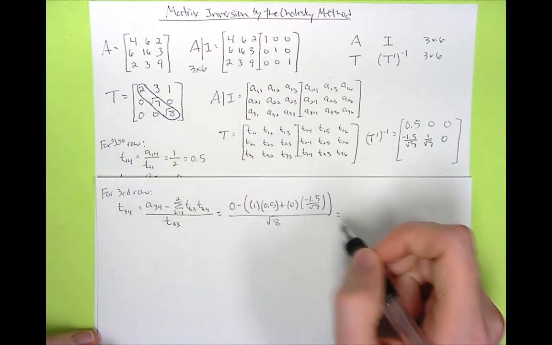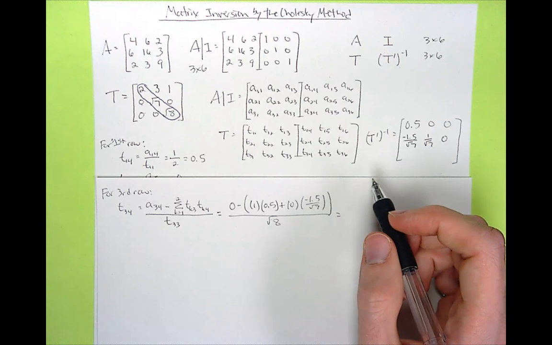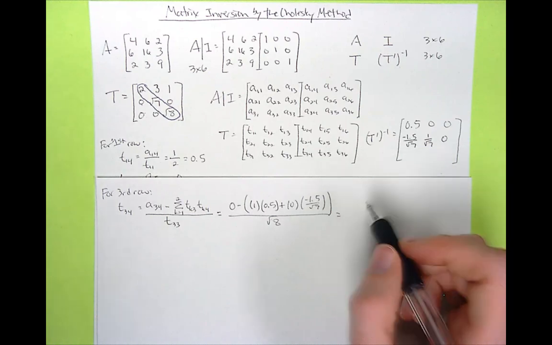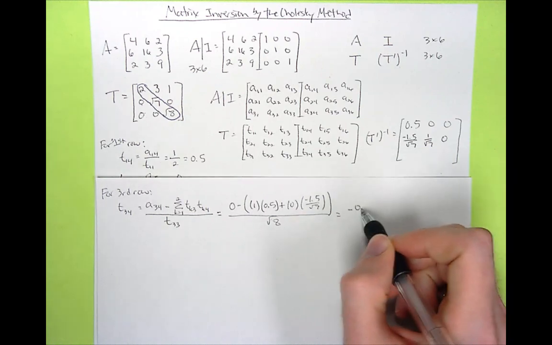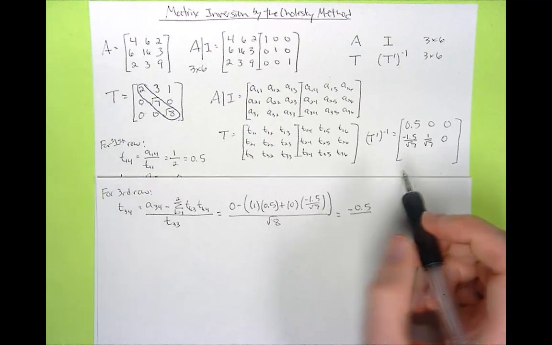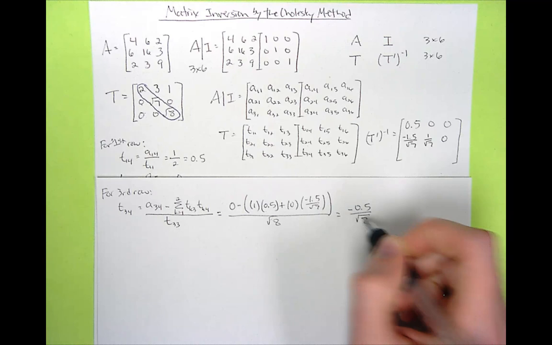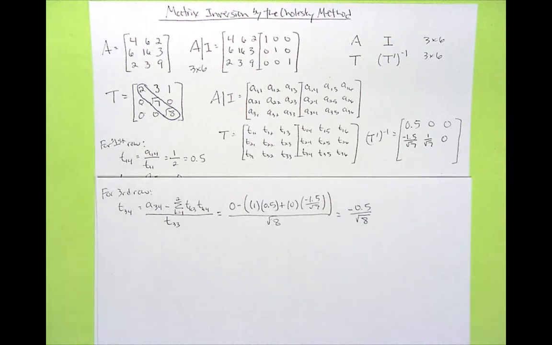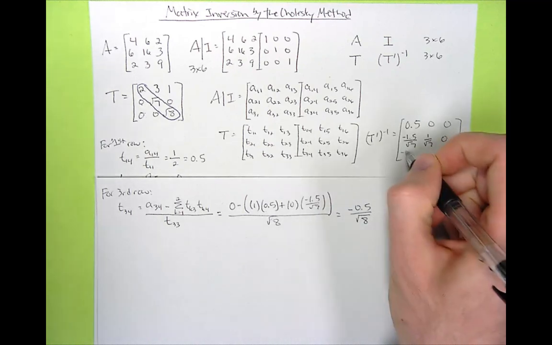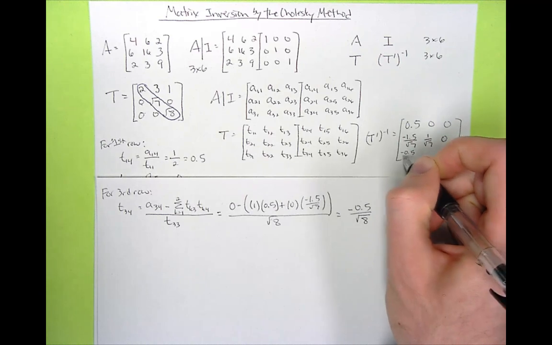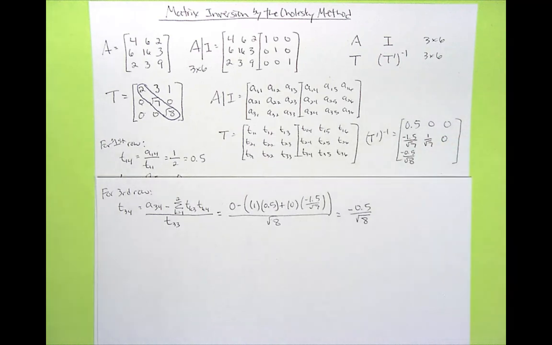It's big and long, so let's reduce that here. This big long equation gives negative 0.5 over square root of 8.